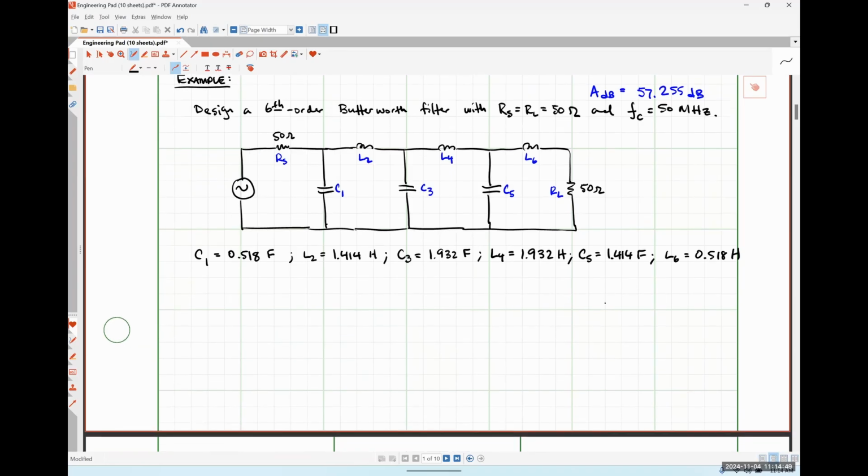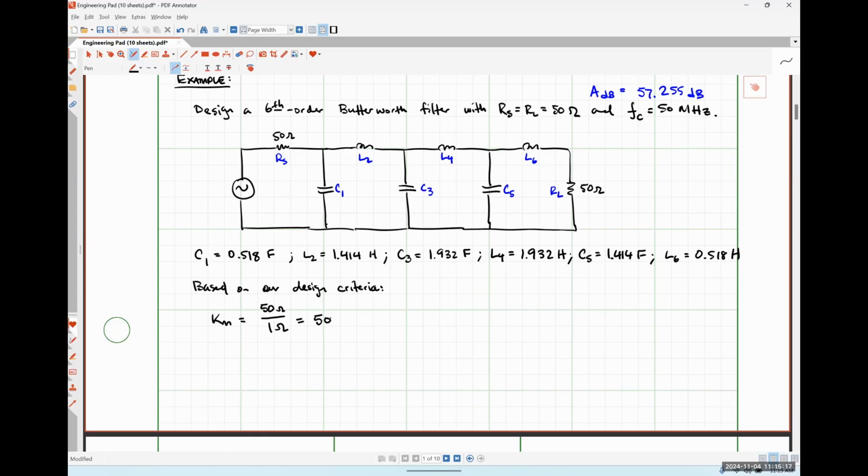So based on our design criteria, we know that our magnitude scaling factor, Km, is just going to be 50 ohms over 1 ohm, which is 50.